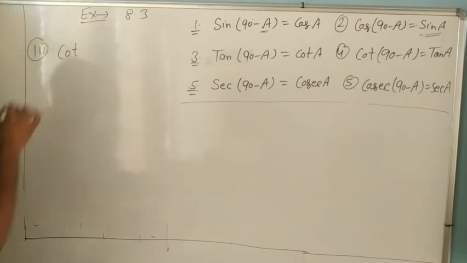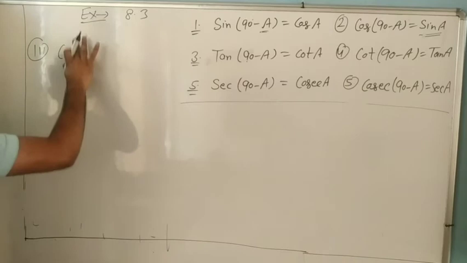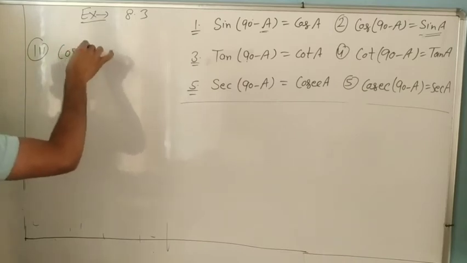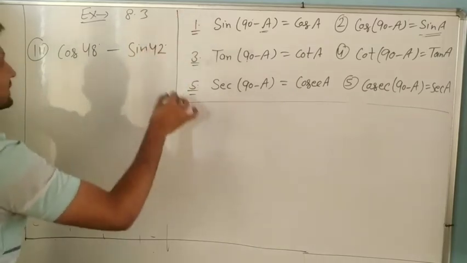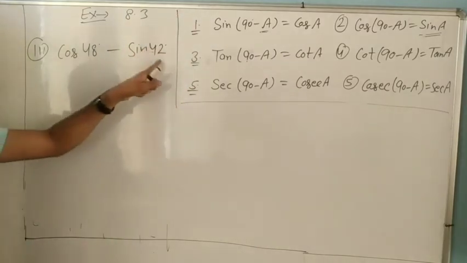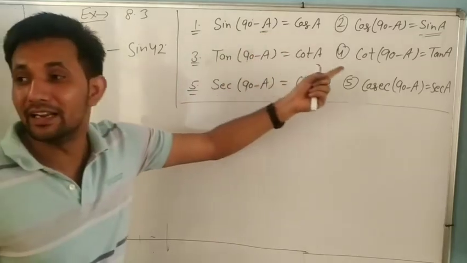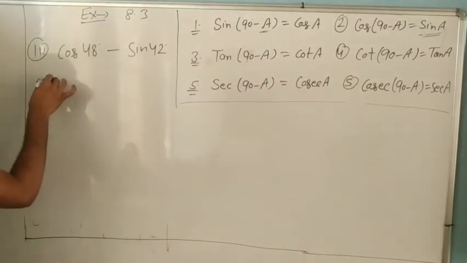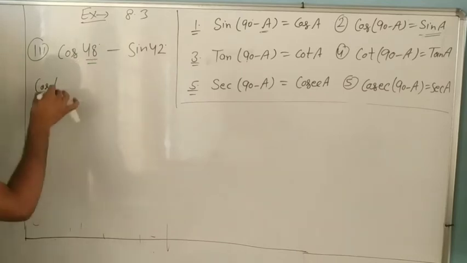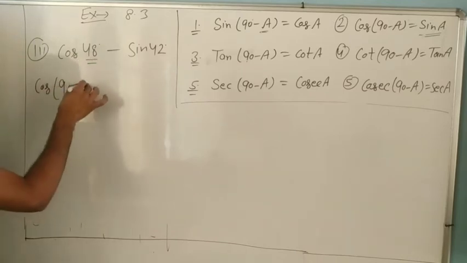What is given? Cot or cos? Cos 48 minus sin 42. Again, check it: 48 plus 42 is 90. So again we will write the same. Cos 48, what can you write? 90 minus, what is the angle?